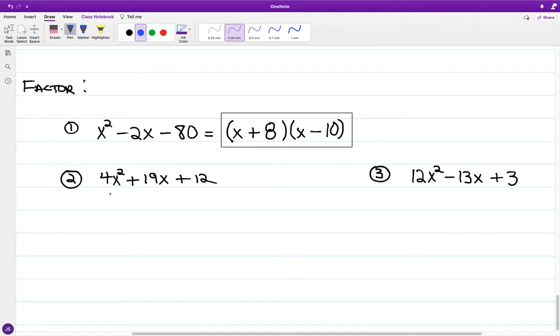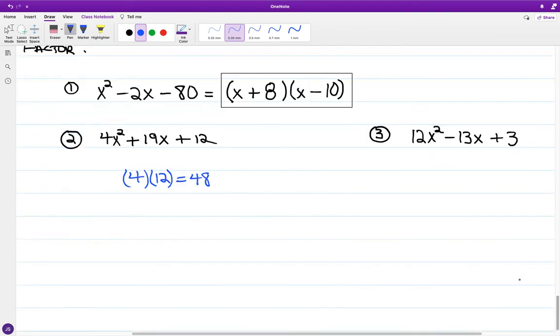If I look at factoring by grouping for 4x squared plus 19x plus 12, I multiply the first and last coefficients, so 4 times 12 is going to be 48. And I look for factors of 48 that will add up to the middle number, 19.